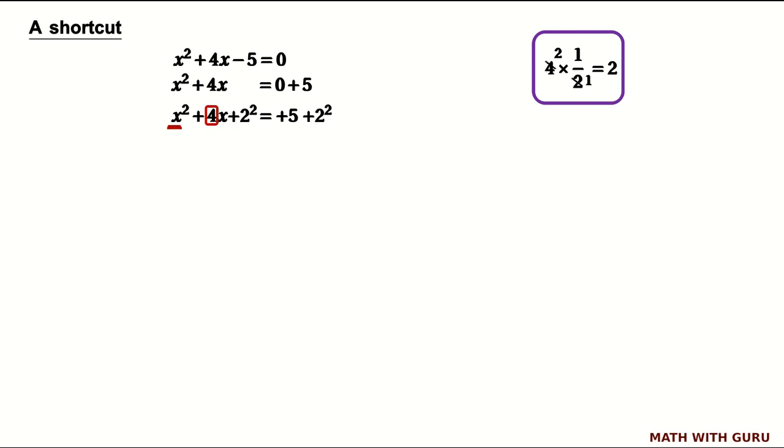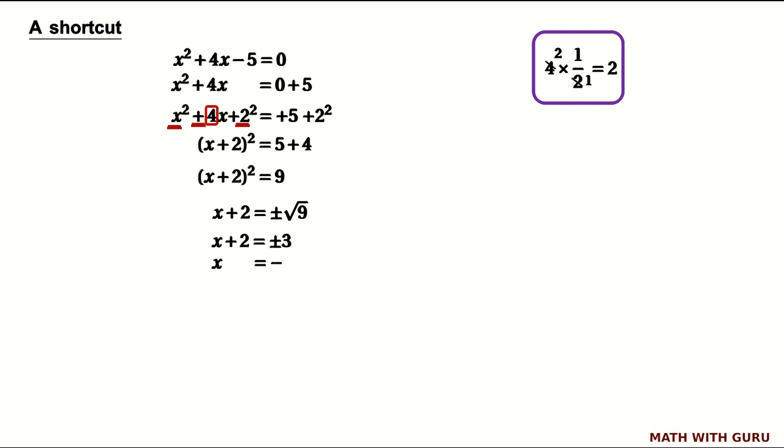Now consider x, then 2, and here we have positive sign. Therefore, this can be factorized as (x plus 2) whole squared equals 5 plus 2 squared is 4. (X plus 2) whole squared equals 9. X plus 2 equals plus or minus root 9. X plus 2 equals plus or minus 3.